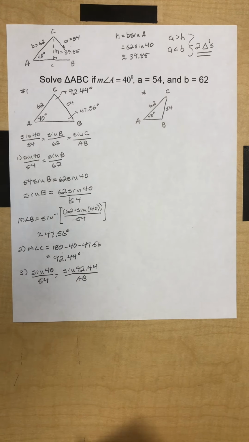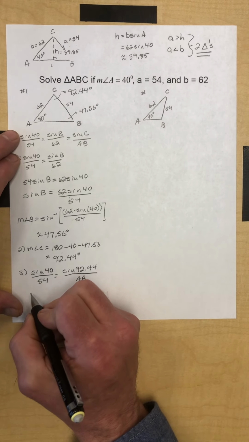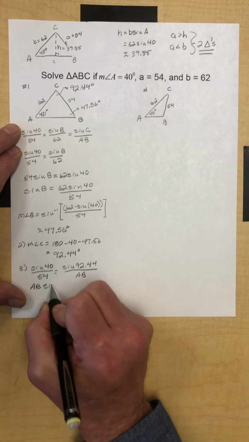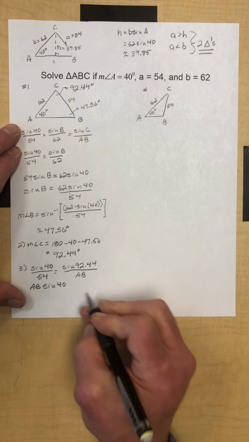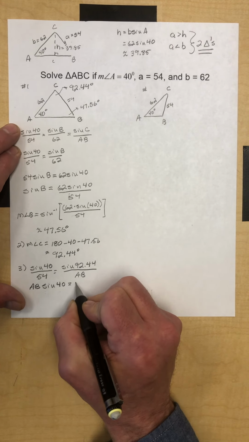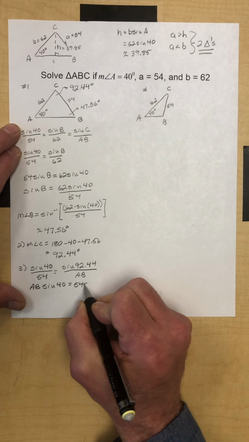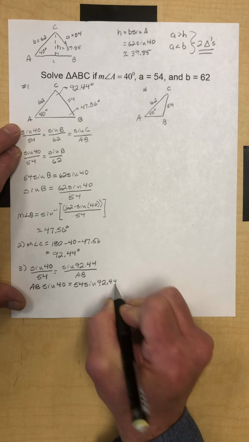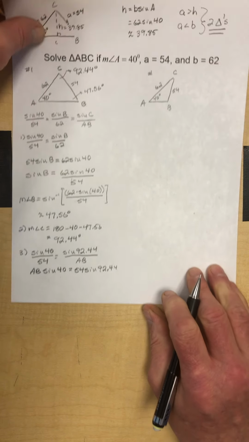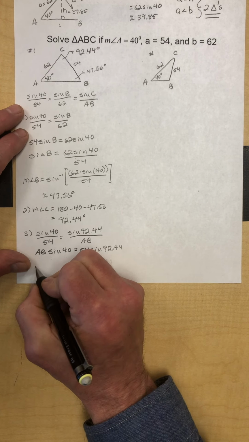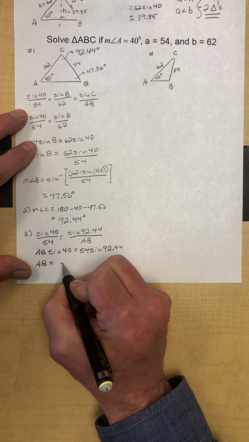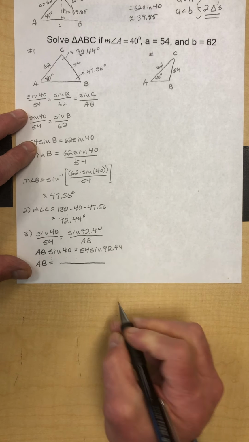So take my cross products. I have AB times the sine of 40 equals 54 times the sine of 92.44, and then I divide by the sine of 40. So my AB equals, and I'm going to separate the numerator from the denominator with grouping symbols.